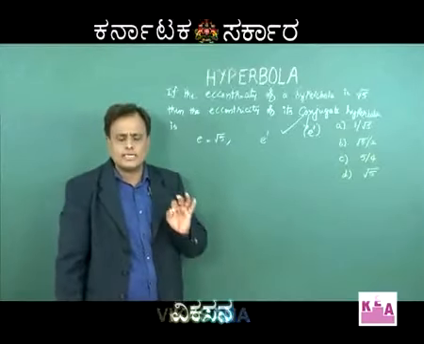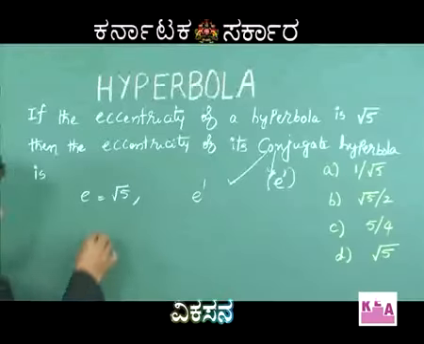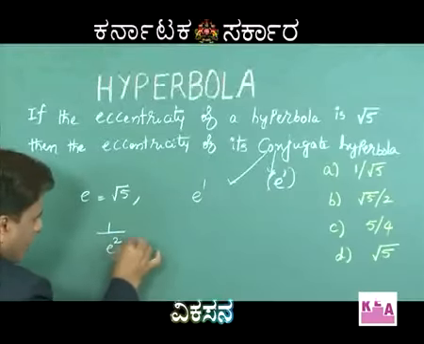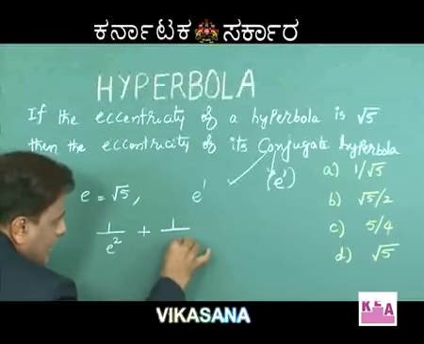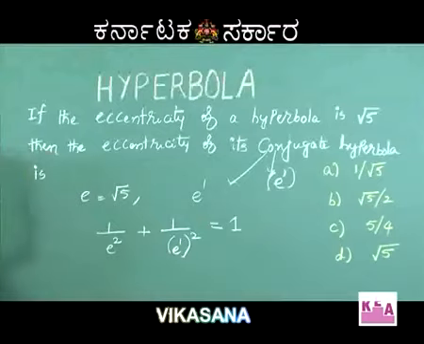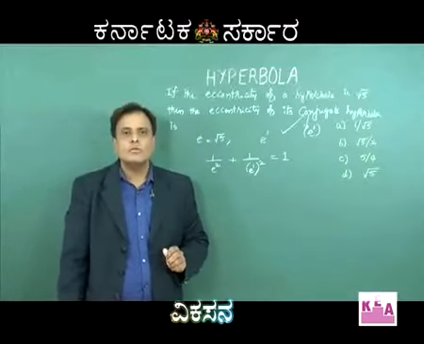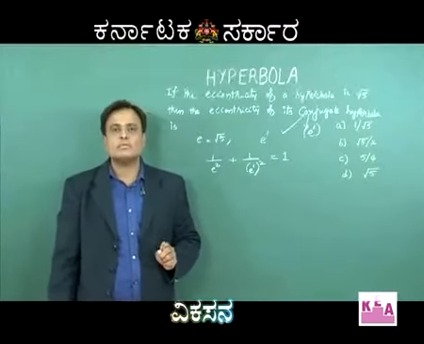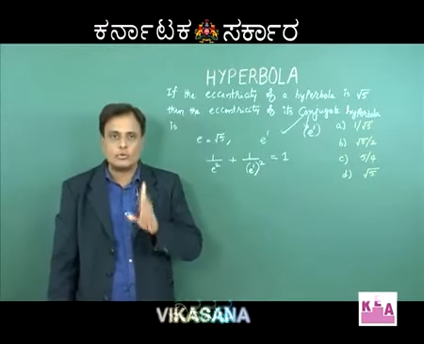Using a simple identity, the identity is like this: 1 by E square plus 1 by E dash square is equal to 1. Note down this simple identity: 1 by E square plus 1 by E dash square equals 1.